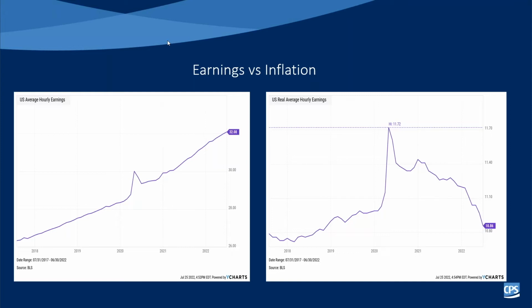Your real inflation adjusted average hourly earnings are down from where they were a year or two ago. So when we circle back to that affordability conversation, if you're not bringing home as much money in real terms as you were a couple years ago, your car payment's higher than it was, your mortgage on a new home is higher than it was, that is going to leak into affordability of some of the other goods that you can go without.